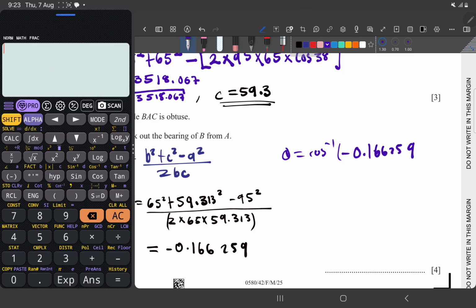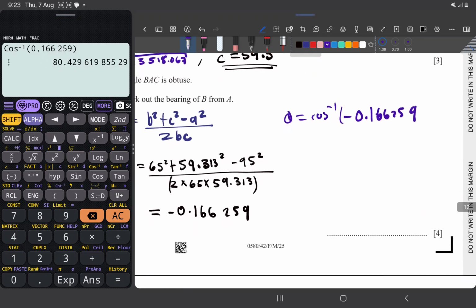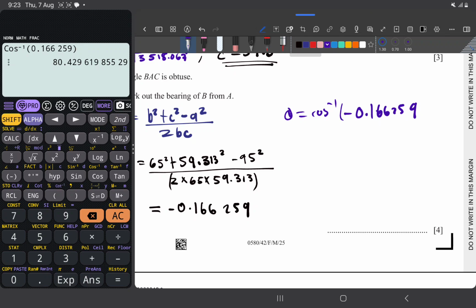Now you press second function, cos, of negative 0.166259. You get 80.4. So our theta is equal to 80.429 degrees.